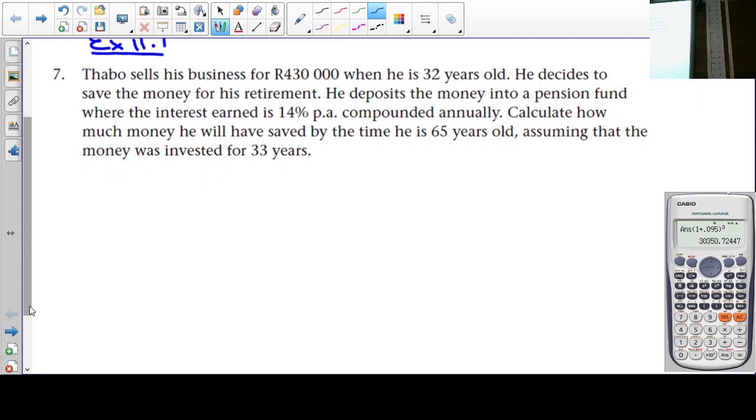He deposits the money into a pension fund where the interest is 14% compounded annually. Calculate how much money he will have saved by the time he's 65. So from 32 to 65, how many years is that? It's 33 years. Correct?